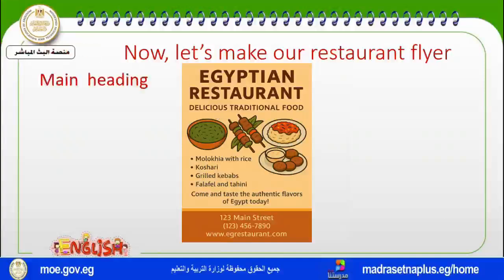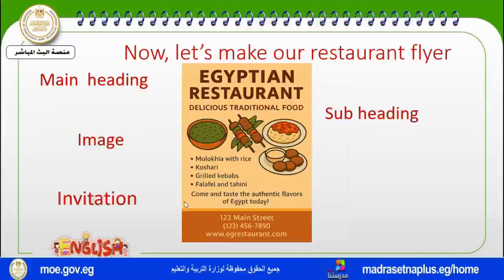Yes. Here is the main heading, the title, and here is the subheading, which gives us an idea about what this place offers. These are different attractive images about the service. Here is the invitation: come and taste the authentic flavors of Egypt today.